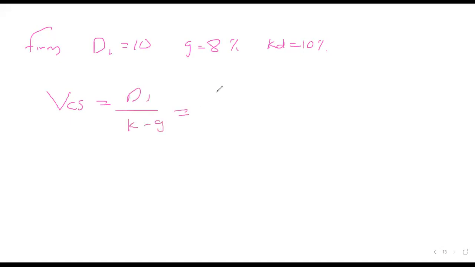So here we're going to have 10 over 10% minus 8%. So this will be 10 over 0.02, which will give you 500 as the value of stock now.